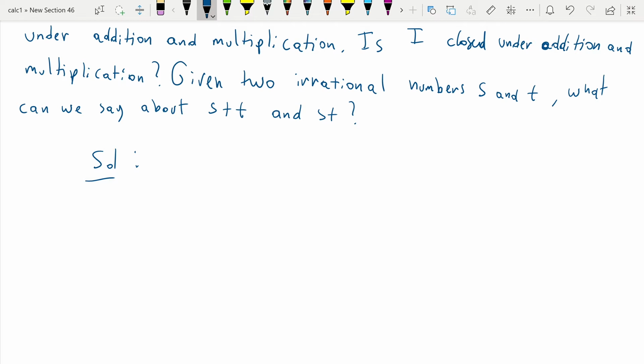Okay, so you have an idea for part A. Part A is something that really doesn't require you to think anything. Just use the definition of a rational number. You're given 2 rational numbers, and you're to show that their product and their sum are going to be rational numbers as well. So what are rational numbers?